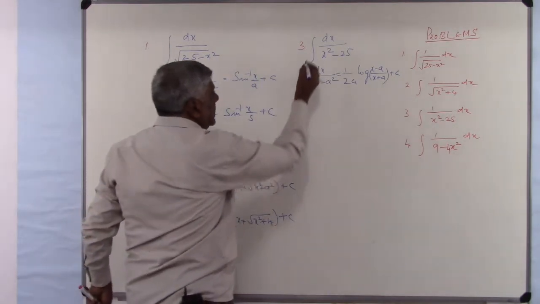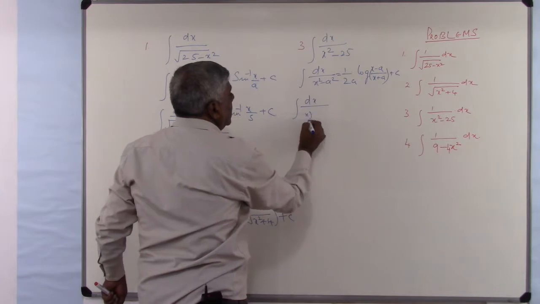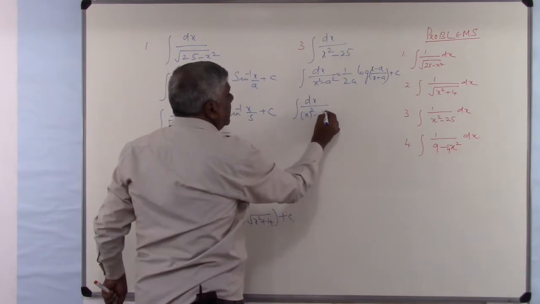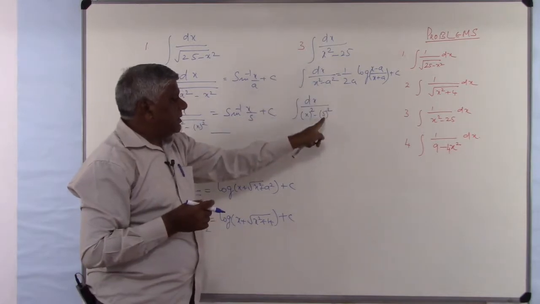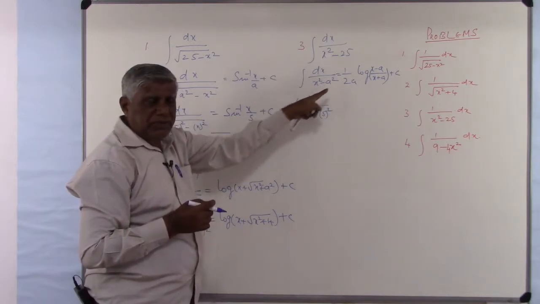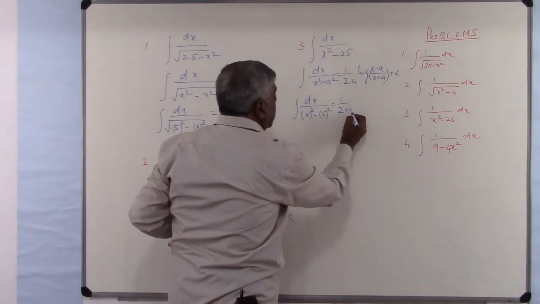Now you can write it in this fashion: dx over x whole square minus 5 whole square. Is it not in the form x square minus a square, where a is 5, so 2 into 5.